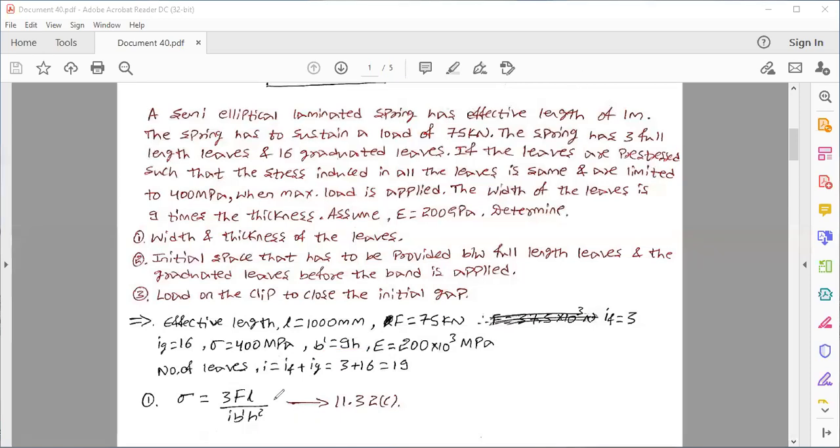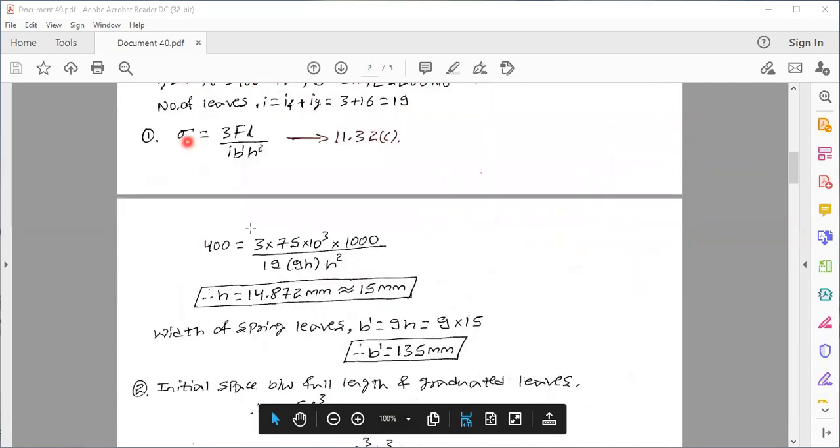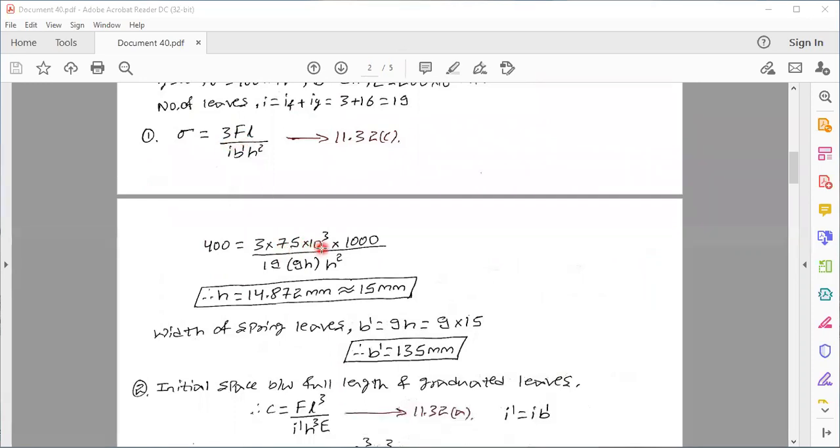Now I'm going to substitute the values. Substitute the stress. It is 403 into F is given 75 kilonewton into 10 raised to 3. Length is 1000. Total number of leaves is 19. Width is given as 9h, 9 times the thickness. H is not given. Keep it like that only.